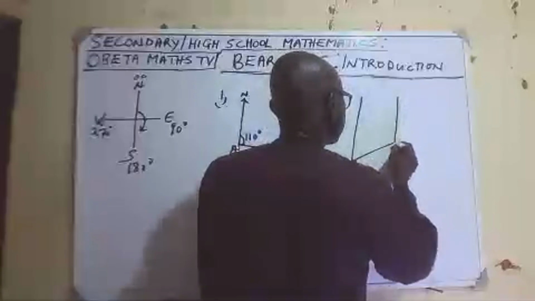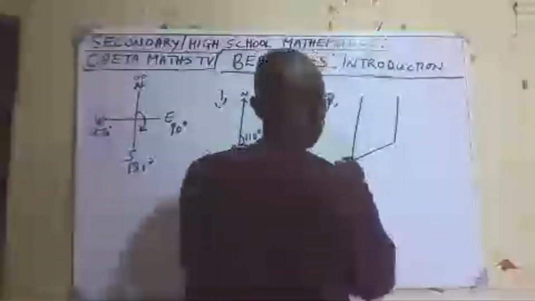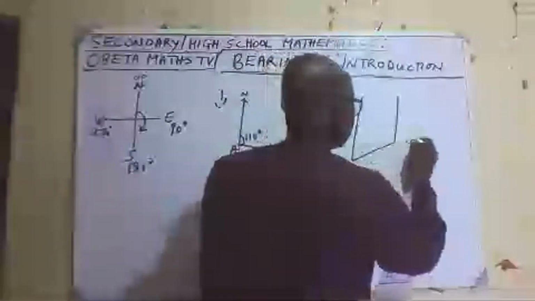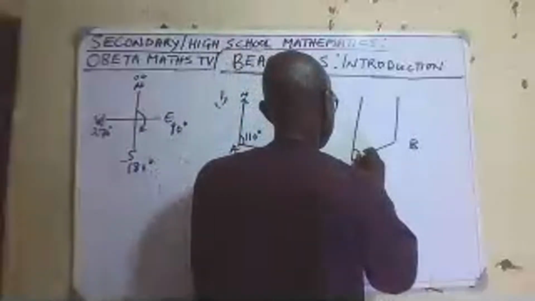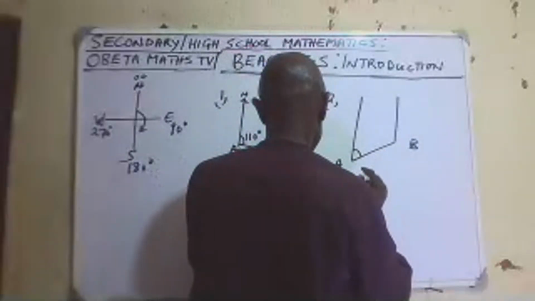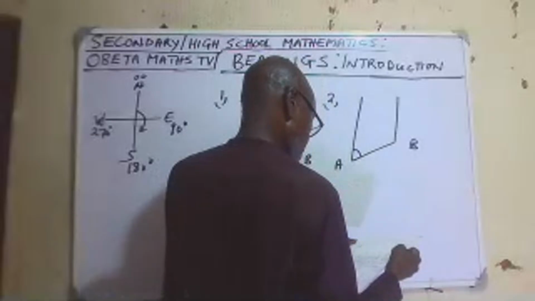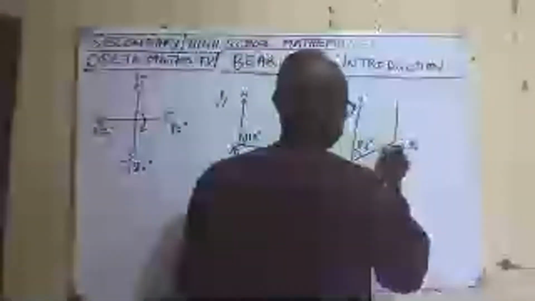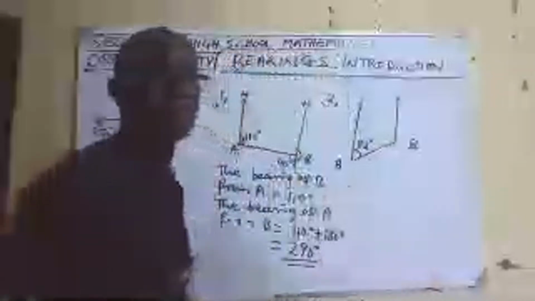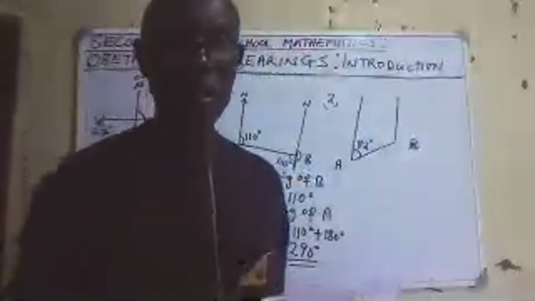Then you have this. Let's call this A and this B. Then, assuming we are given this to be maybe 82 degrees, for instance, we want to find the bearing of A from B as well as B from A.